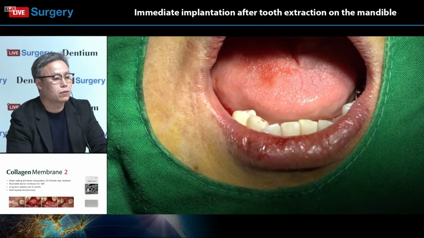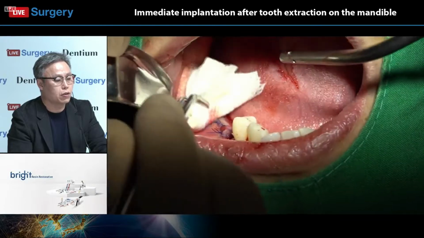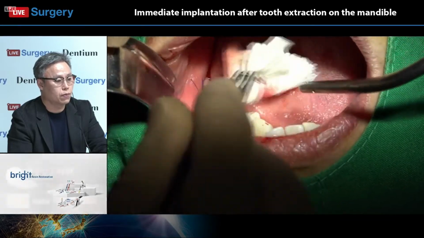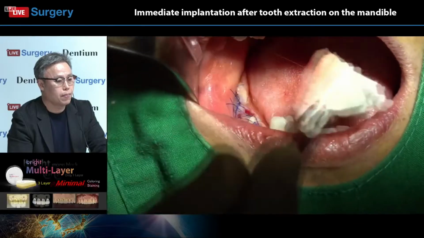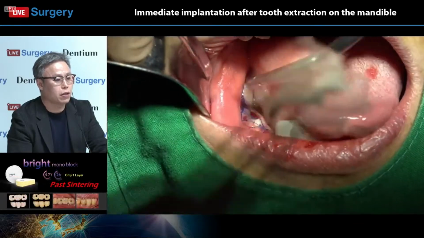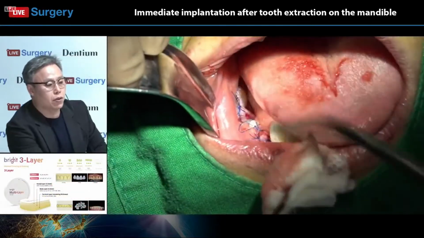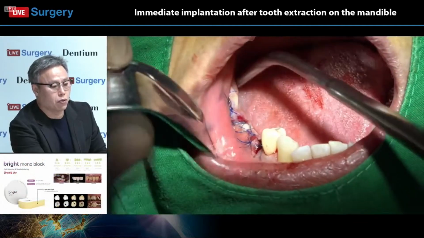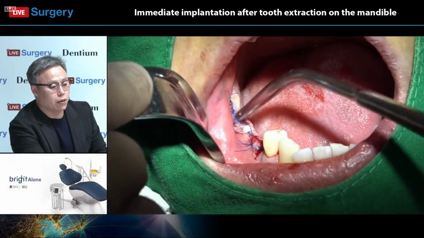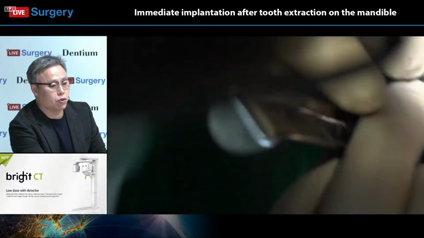Yeah, it's done, and he's checking the breathing control with pressure and taking the radiograph. He successfully extracted the tooth without any trauma and placed the implant in the ideal axis and got primary stability without any problem, filled the gap, and with flap advancement he got the primary closure.